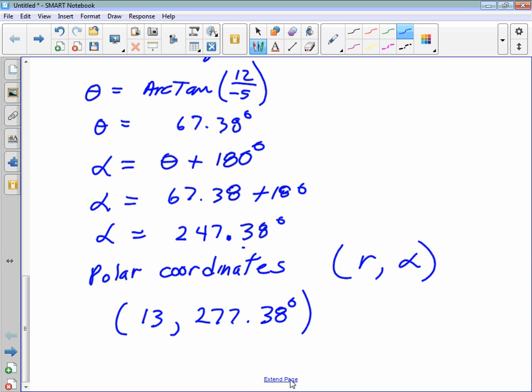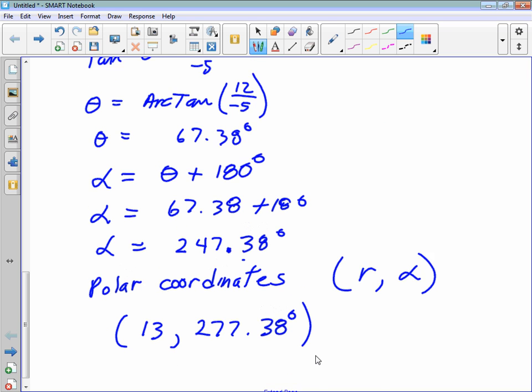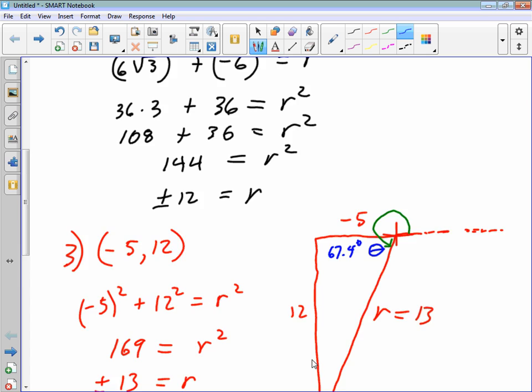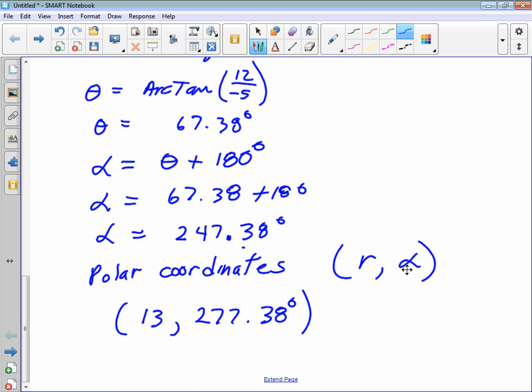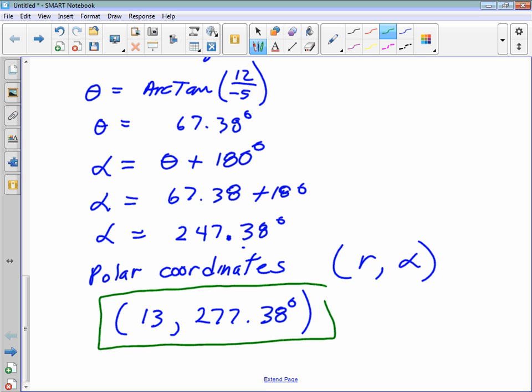Make sure you're in degree mode or radian mode. If you give it in radians, just make sure you're in radian mode. Now, finally, and I always encourage you to ask, does my answer make sense? Well, this angle has to be between 180 and 270. So an angle of 247, I believe, is very reasonable.